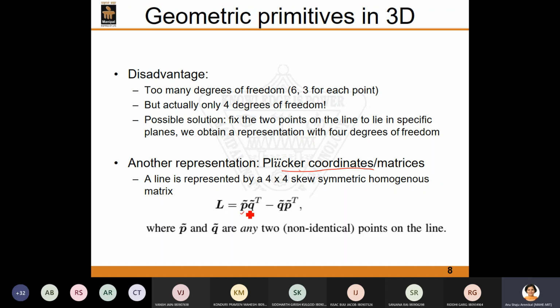Here also we assume that P and Q are any two points on the line, written in the homogeneous representation. This representation of a line in 3D space is called the Plucker coordinates, or the Plucker matrices.